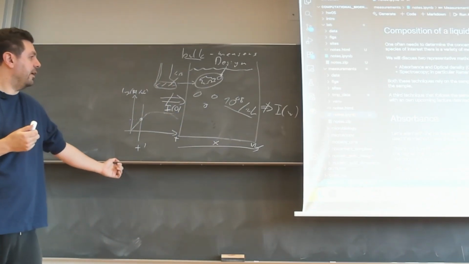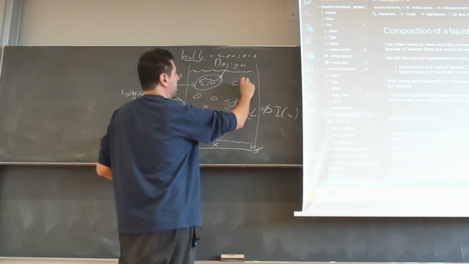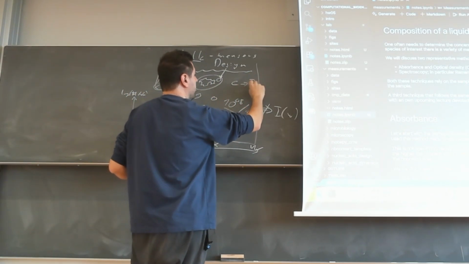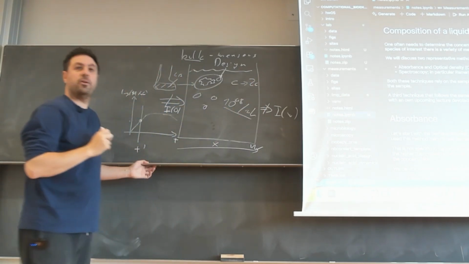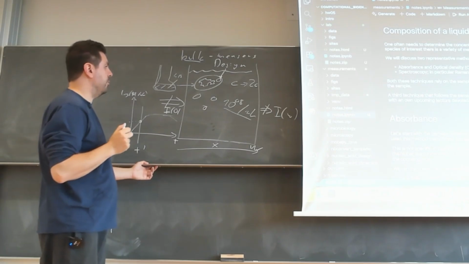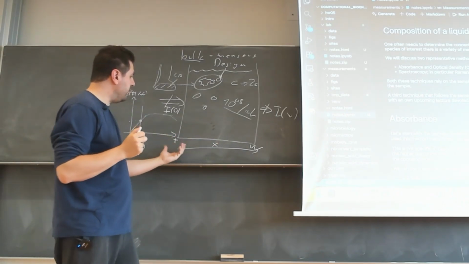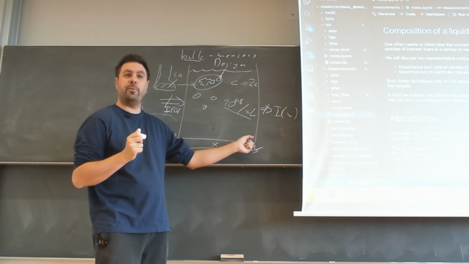And what's your intuition? Let's say I have a concentration C, and I'm going to a concentration of 2C. So I'm doubling the concentration. What's roughly going to happen here? Actually, it's not so clear if this W is not negligibly small.